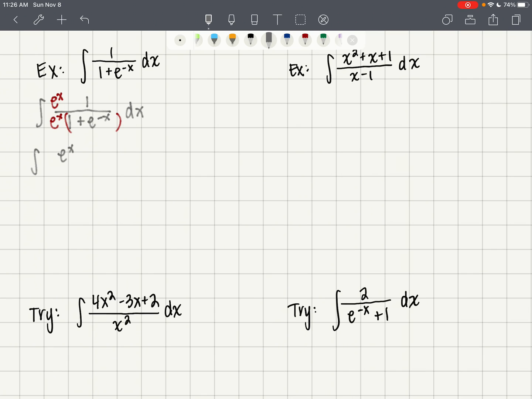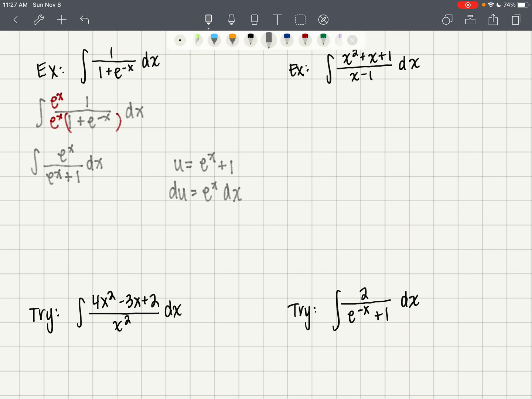So now we have e to the x over e to the x plus 1. So it's going to help take care of that negative exponent, and it's going to now allow us to use u substitution. So if we let u equal e to the x plus 1, don't forget the dx, du is going to equal e to the x dx.